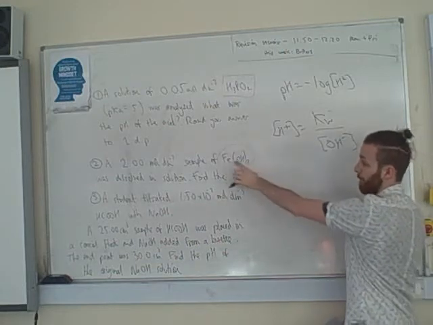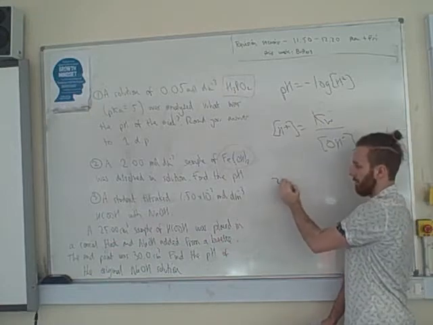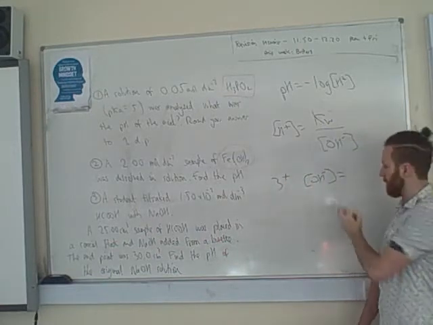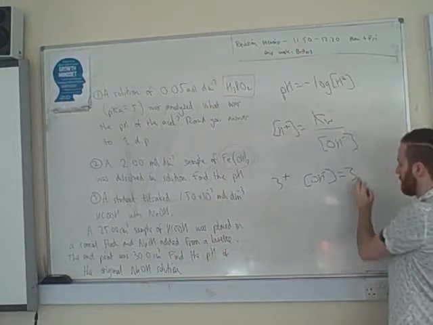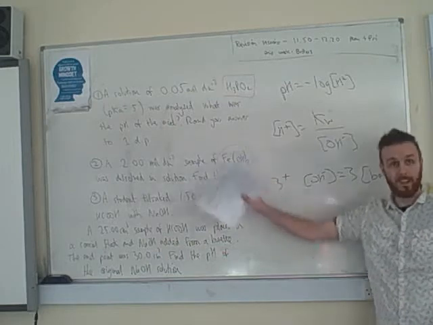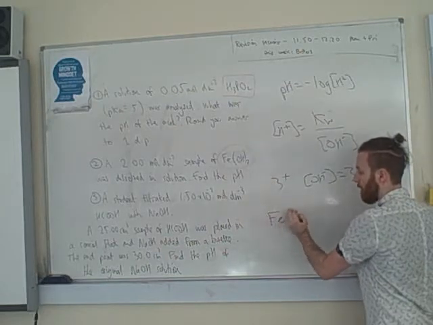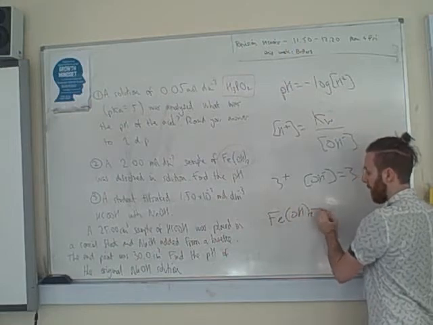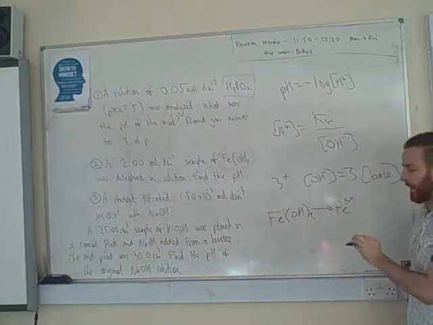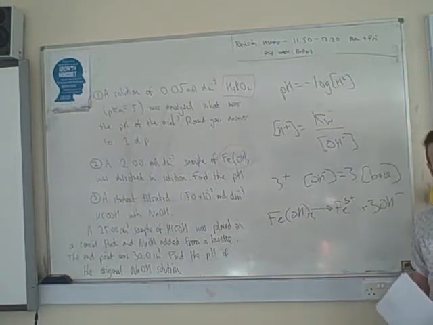So for a 3 plus metal, OH minus will be equal to 3 times the concentration of your base, in this case the iron hydroxide. Why is that? Well, when your iron hydroxide dissociates, you'll get your Fe3+, don't care, and you'll get 3 hydroxides.